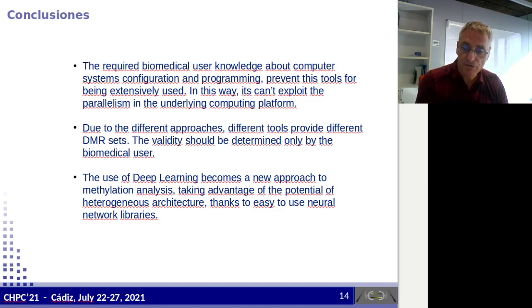Another aspect: due to the different approaches, different tools provide different DMR sets. The validity should be determined only by the medical user. Finally, the use of deep learning becomes a new approach to methylation analysis, taking advantage of the potential of the heterogeneous hardware architecture thanks to easy-to-use neural network libraries.